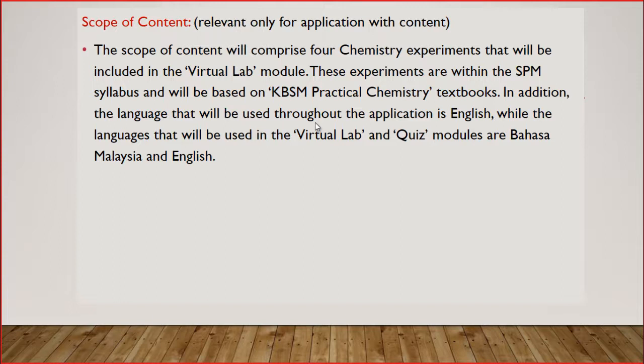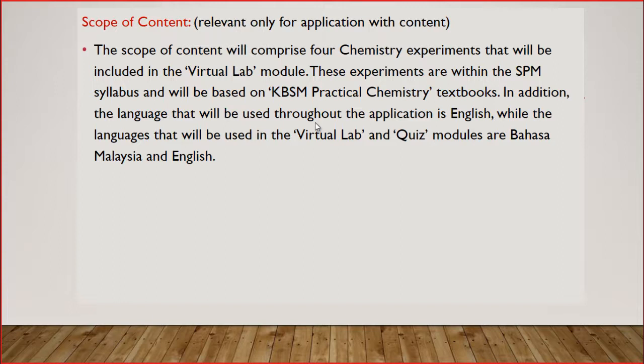For example, the scope of content will comprise 4 chemistry experiments that will be included in the virtual lab module. These experiments are within the SPM syllabus and will be based on KBSM practical chemistry textbooks. In addition, the language used throughout the application is English, while the languages used in the virtual lab and quiz modules are Bahasa Malaysia and English. So this is related to content.